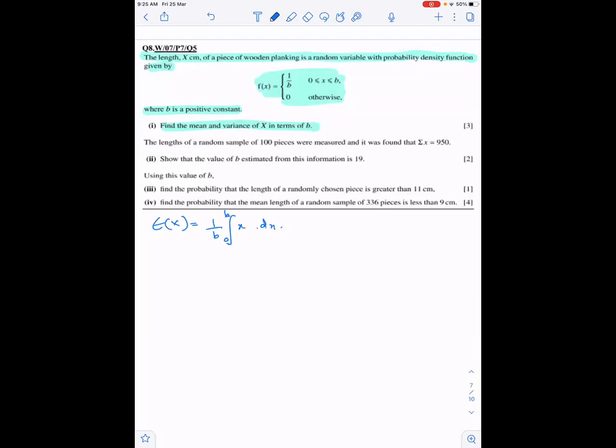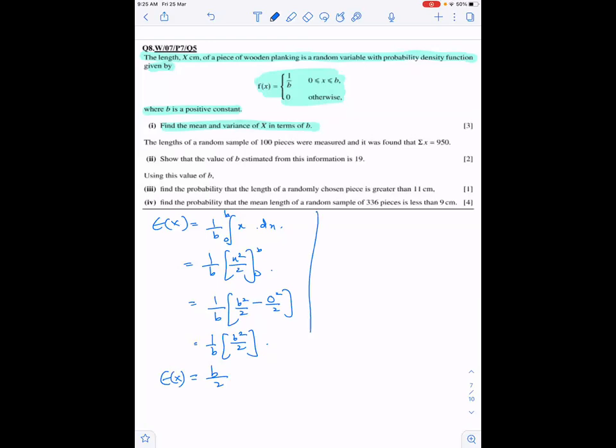Now we're going to integrate it: 1 upon b, x square upon 2, and the boundaries are b and 0. Let's plug in the boundaries: 1 upon b, b square upon 2 minus 0 square upon 2. So it's going to be 1 upon b into b square upon 2, which is b upon 2. That is the mean in terms of b.